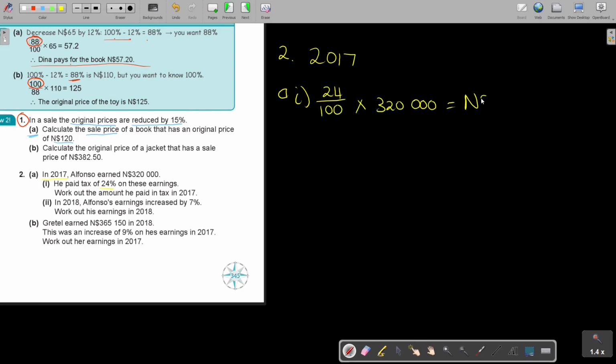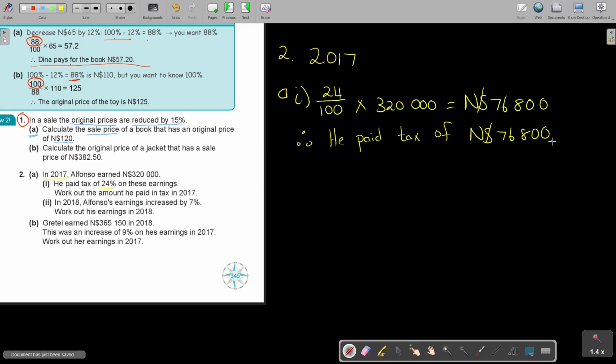And I get that he's going to pay 76800. So therefore, he paid tax of 76800. And that's how you do it. Okay, let's go to the second one. So this is again grade 8 stuff.